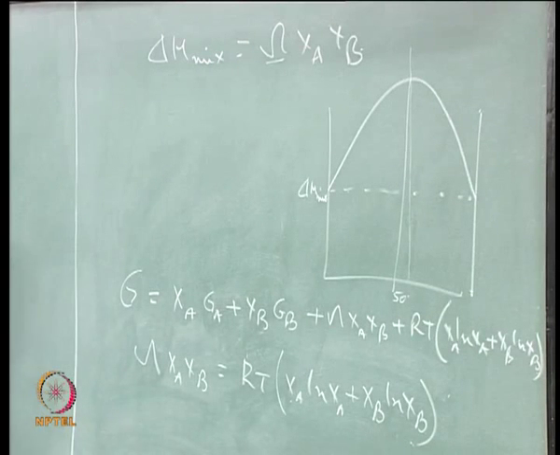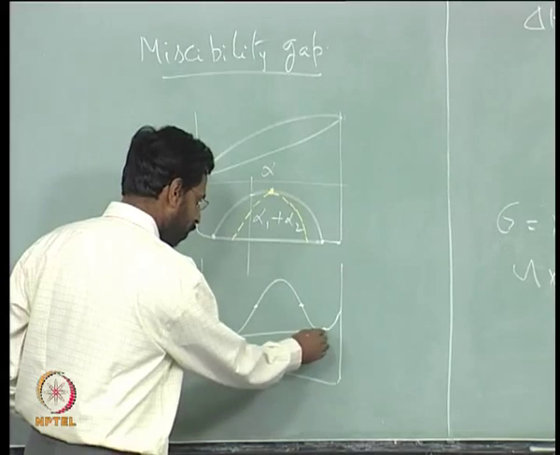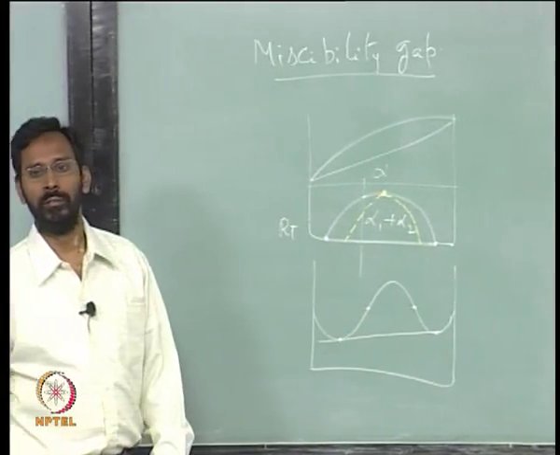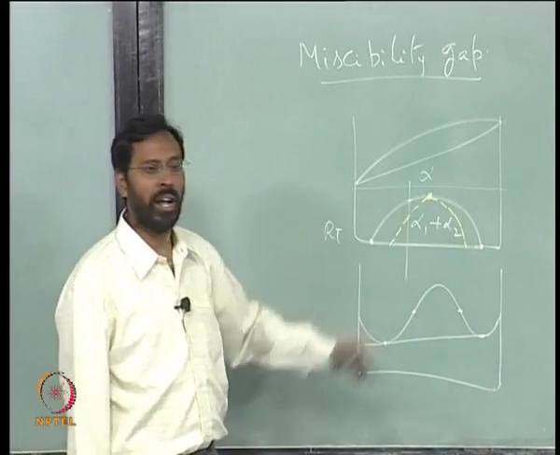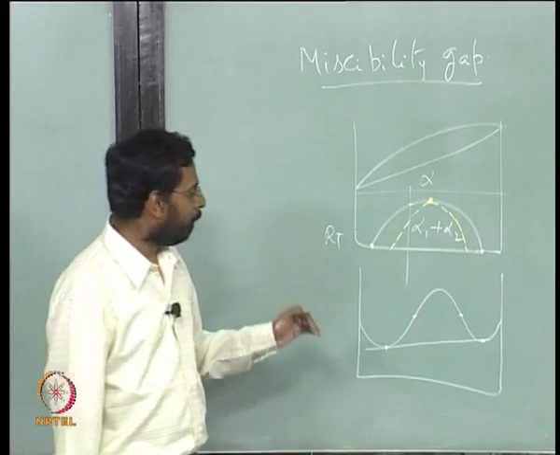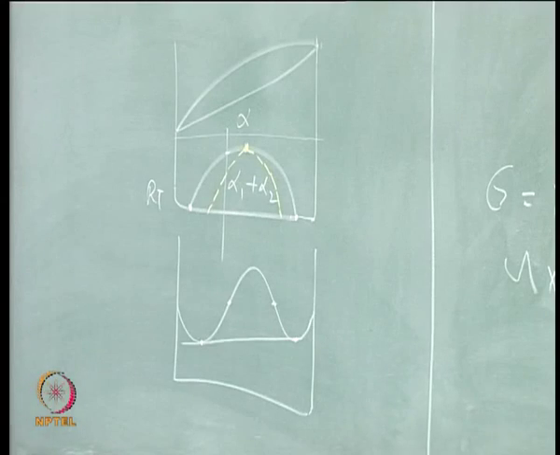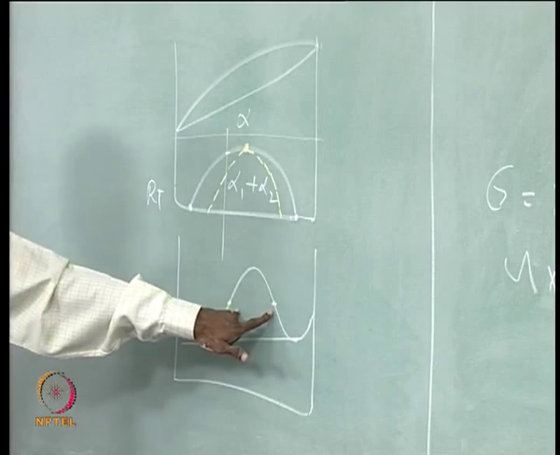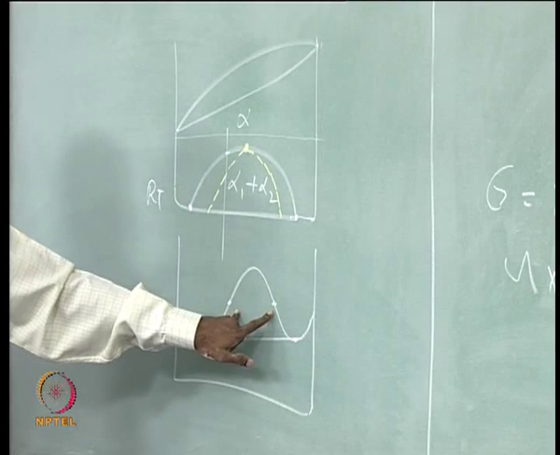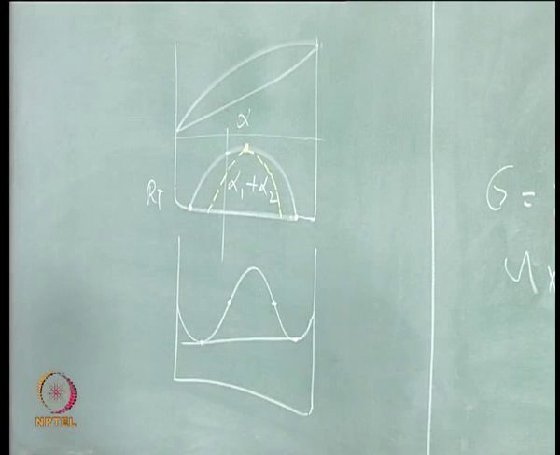The accurate way of doing it is when the binodals meet at a particular point; when the binodals meet, the spinodals also meet. So, you should find out that particular composition and temperature where the two spinodals are basically meeting. And what is the definition of a spinodal?